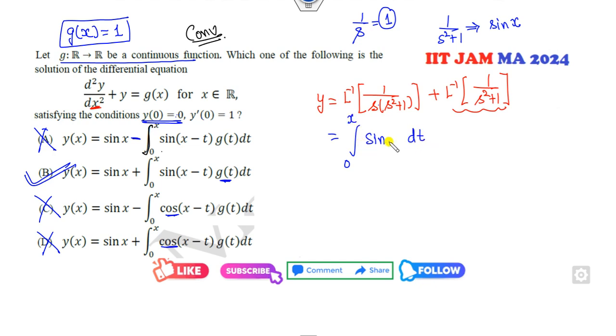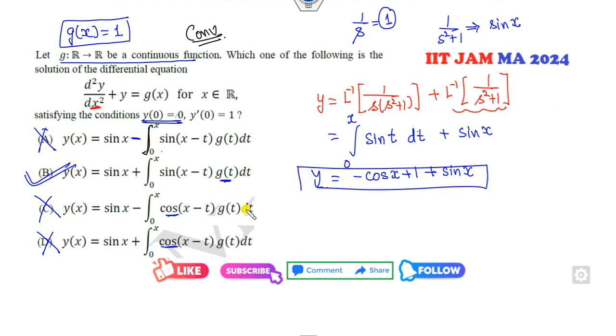So I can say this is 0 to x, sine of t dt. Okay, I can use a dummy variable. Fine, this is my dummy variable. So what is the integration of this? It is minus cos t. So minus cos x plus 1, plus sine of x. This is my solution. Fine. Now look at the options. If I start with the first part, this value is okay. So I will check the integration of this.